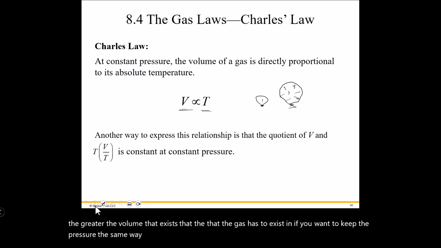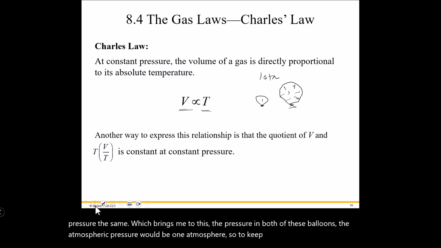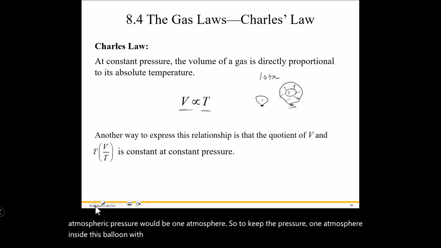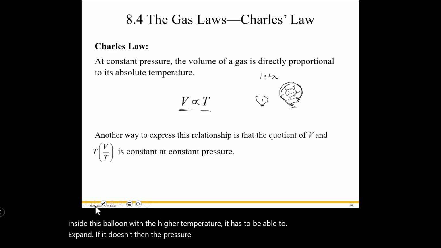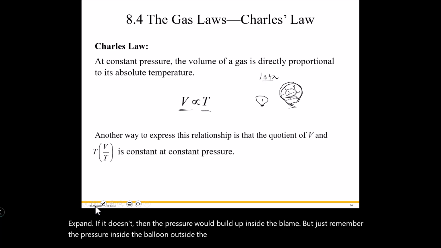Which brings me to this: the pressure in both of these balloons, the atmospheric pressure, would be 1 atmosphere. So to keep the pressure at 1 atmosphere inside this balloon with the higher temperature, it has to be able to expand. If it doesn't, then the pressure would build up inside the balloon. But just remember, the pressure inside the balloon and outside the balloon has to be the same.